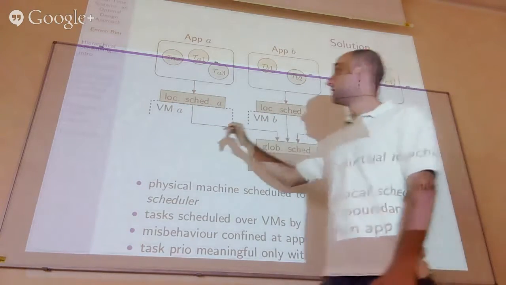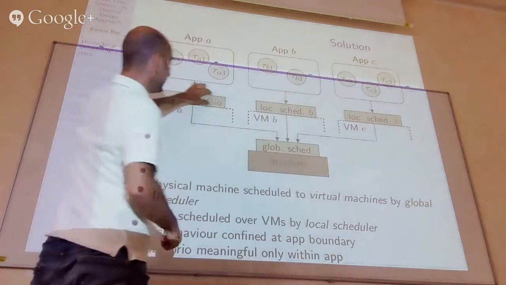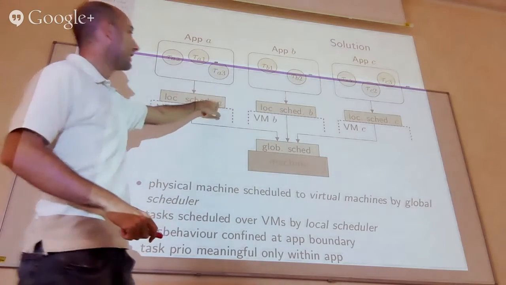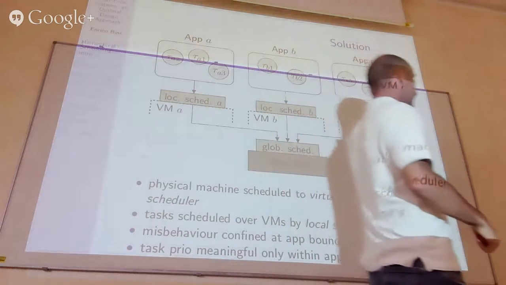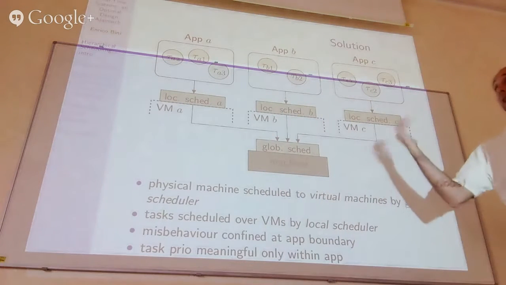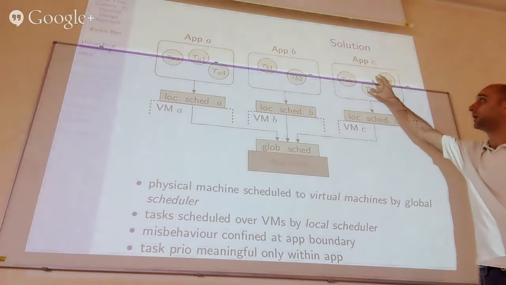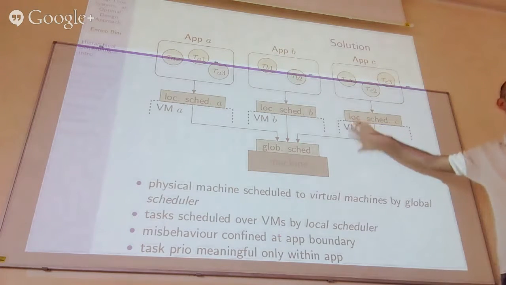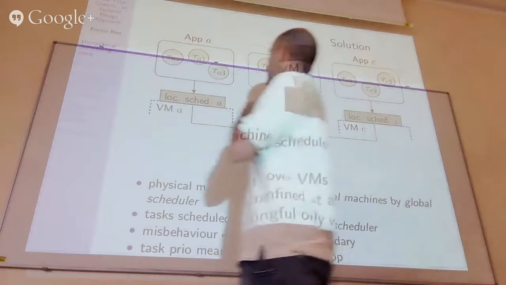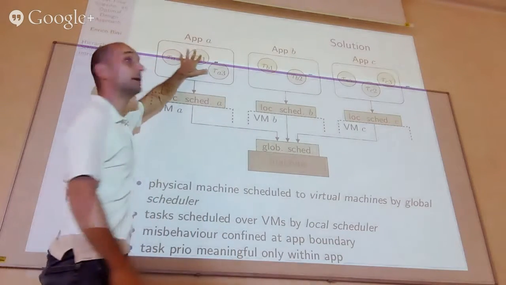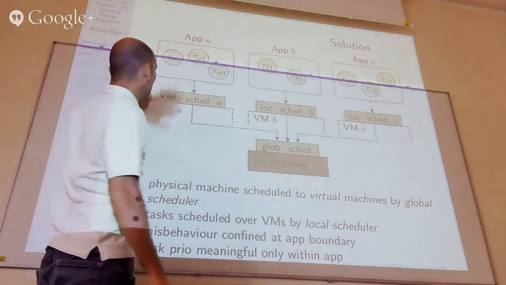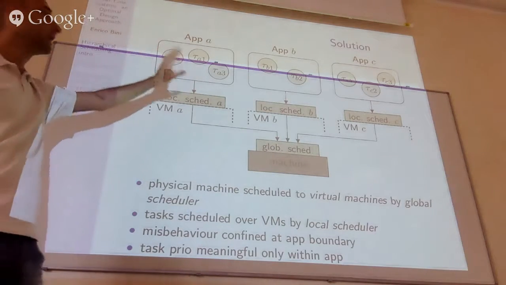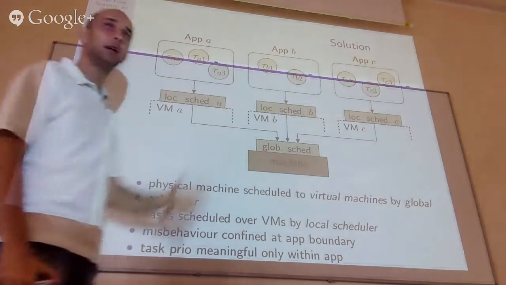Then we have a local scheduler, which depends on the application: local scheduler A, local scheduler B, local scheduler C, which schedule the tasks of the corresponding application onto the corresponding virtual machine. In this way, we isolate application A to run on virtual machine A using its own scheduler A, and the same with B and C.